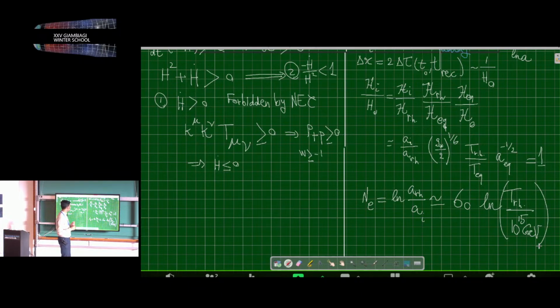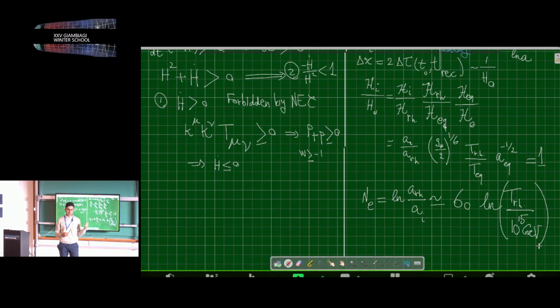G star is the number of relativistic degrees of freedom. The idea is that you have a transition from inflation to radiation domination at that high temperature. Now, the energy density in radiation is proportional to T to the fourth, but also depends on the number of relativistic degrees of freedom that you have.